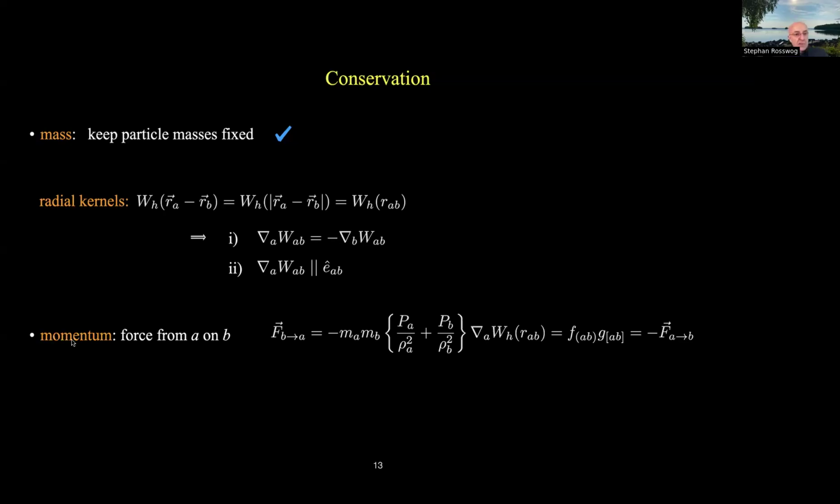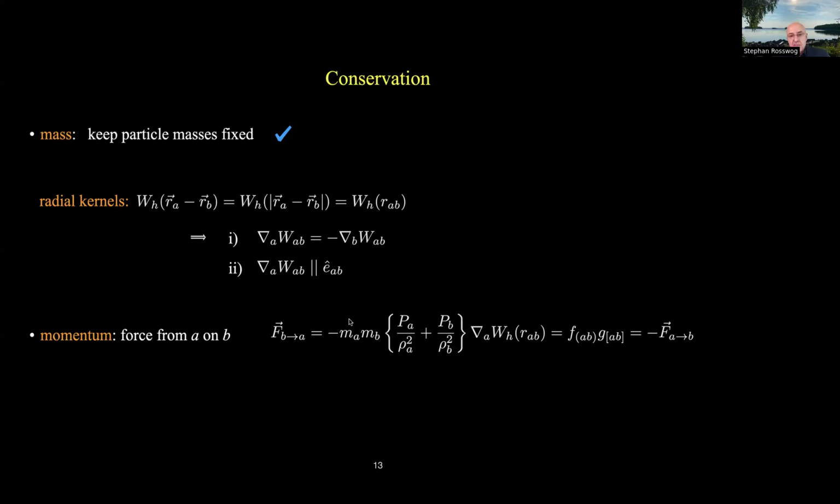So if you now go to the momentum conservation, one thing you can do is look at the force that a particle B exerts on a particle A. And then you just take our momentum equation from before, and multiply by a mass.